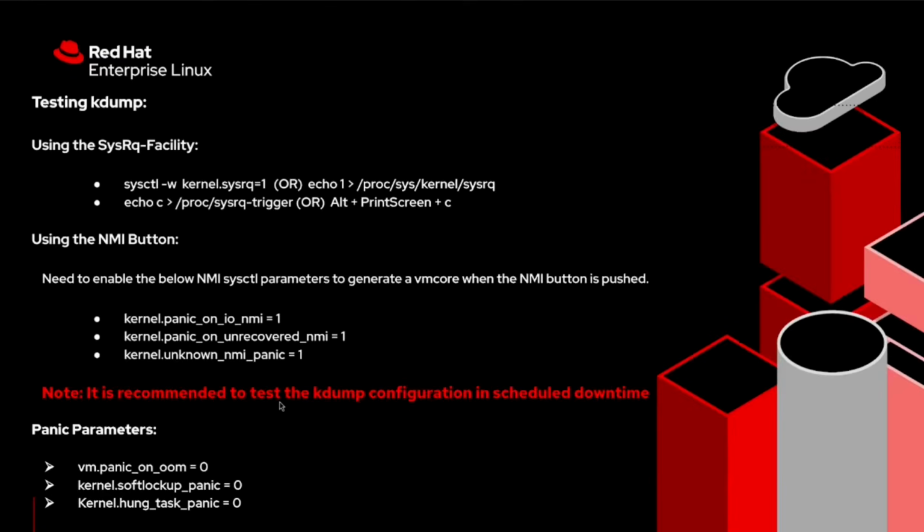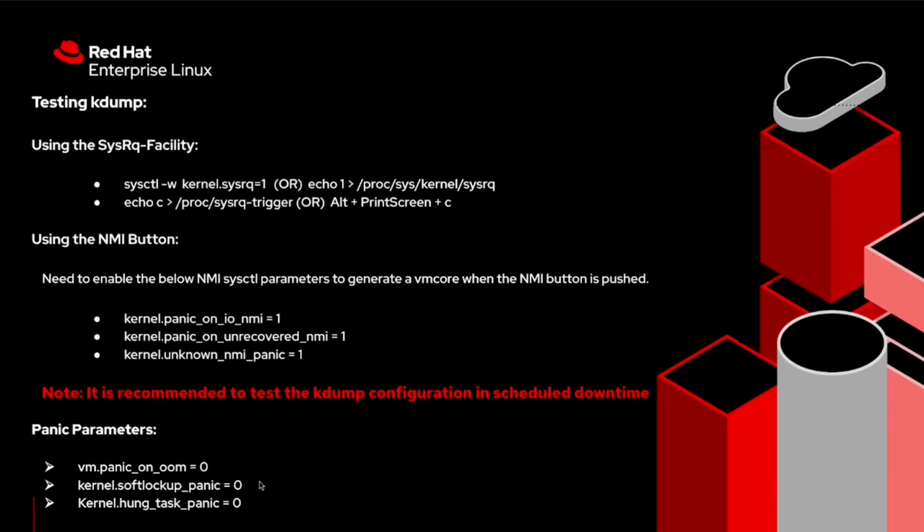If you are doing the kdump configuration in your environment, it is strongly recommended to test the kdump configuration on each system during planned maintenance to ensure the vmcore file is successfully generated. You can enable the vm.panic_on_oom parameter to capture the vmcore in case of out-of-memory situations.